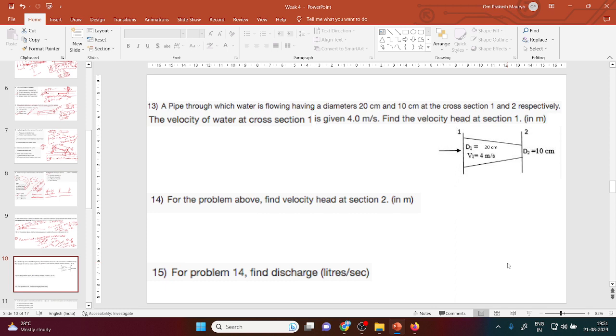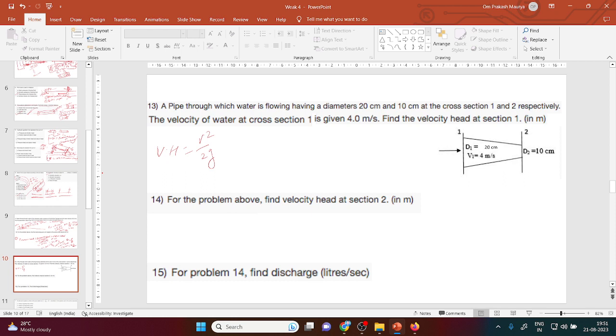Question number 13. A pipe through which water is flowing has a diameter of 20 centimeter at section 1 and 10 centimeter at section 2. The velocity of water at cross section 1 is given as 4. Find the velocity head at section 1. Velocity head is asked. You all know the velocity head formula: v square by 2g. At what section is it asked?